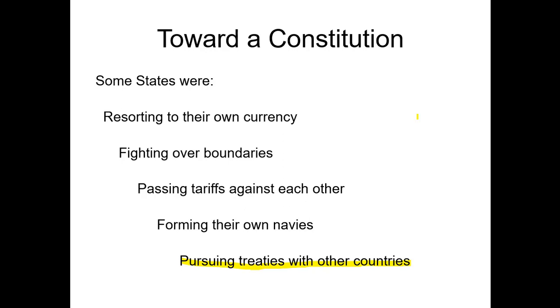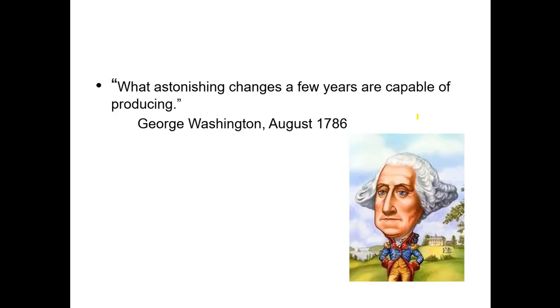You could see the potential problems if one American state pursued a treaty with France and another state pursued a treaty with England. War would be highly, highly probable in that case. So there were some serious problems brewing very quickly after we gained independence.